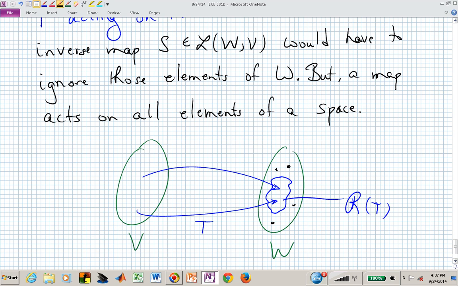Now, what we want to say is, what's S going to do? S would have to somehow ignore those vectors that live outside the range of T in order to go back effectively to V. And that's not going to happen.